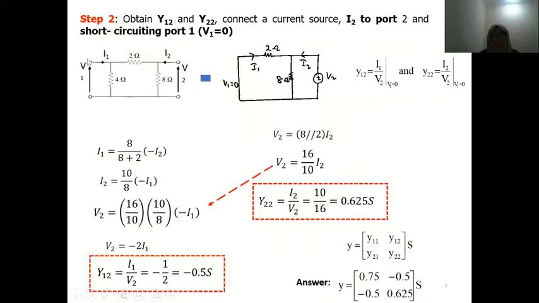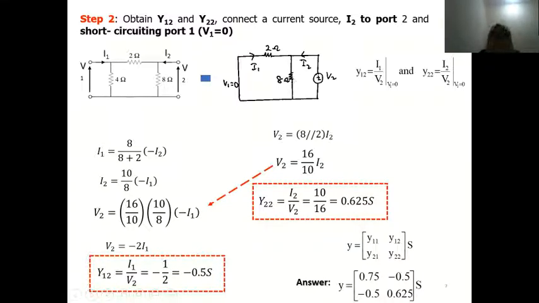When you short circuit the input terminal, the 4 ohm resistor is considered as 0 because it is in parallel with V1. So V1 is equal to 0, and this 4 ohm resistor no longer exists. What you have is only the 2 ohm and 8 ohm resistors.